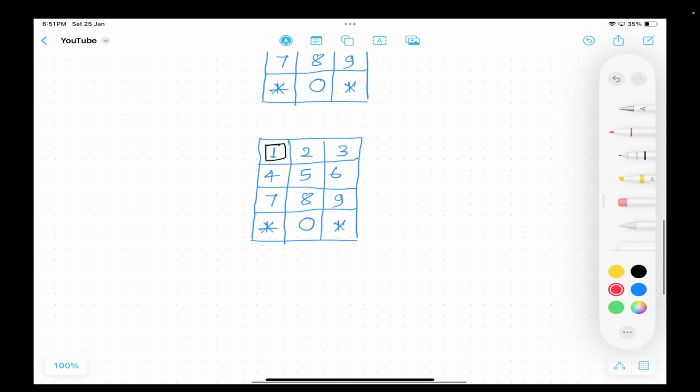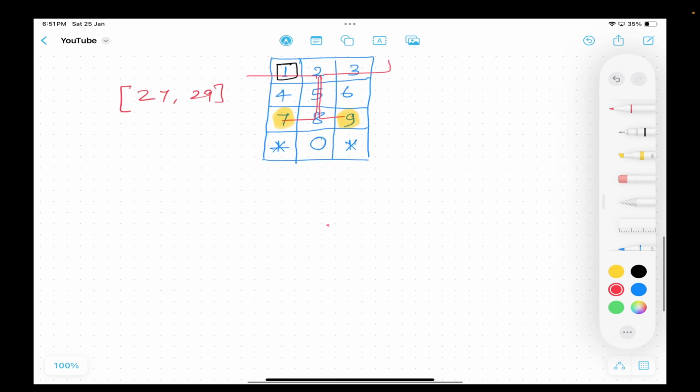With 2, I can go to 9 or 7. I cannot go here because there is no cell, so I can go to 7 and 9. So with 2 we can generate 2 numbers, 27 and 29.